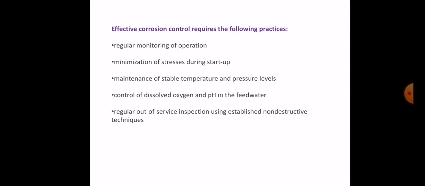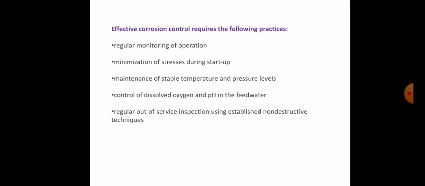Effective corrosion control requires the following practices to reduce and prevent corrosion. First one, regular monitoring of the operation. For whatever operations we have in the boiler, regular supervision is required.